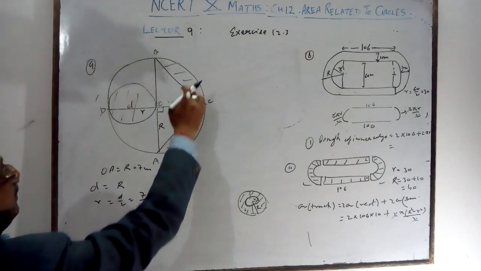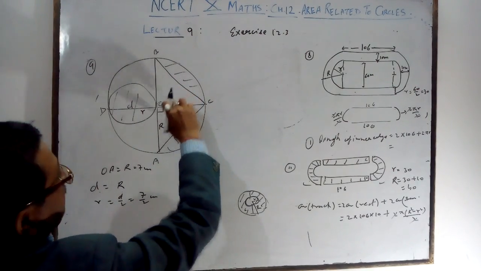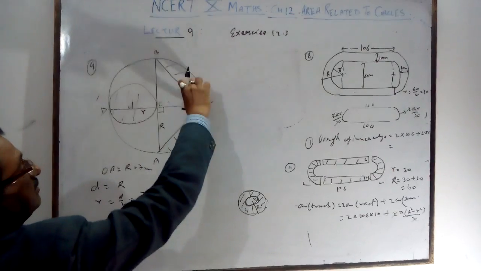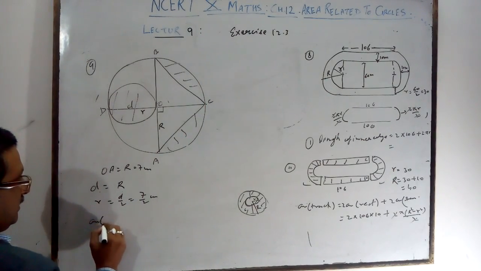So the shaded region you want: semicircle minus area of triangle. I hope it is the area of the shaded region.